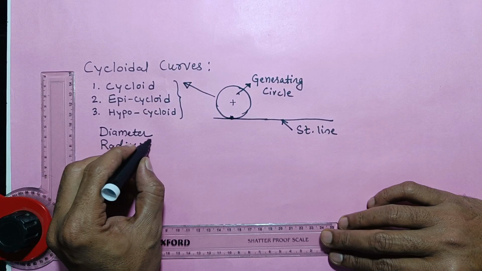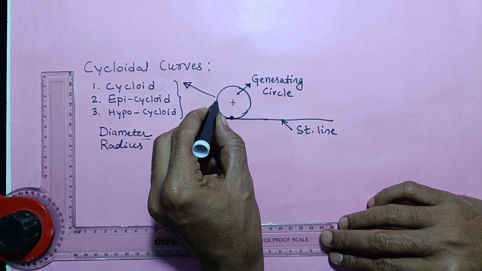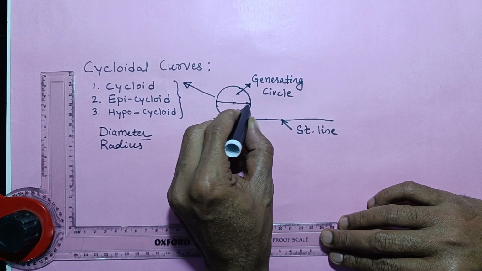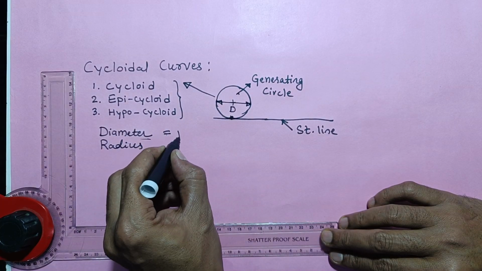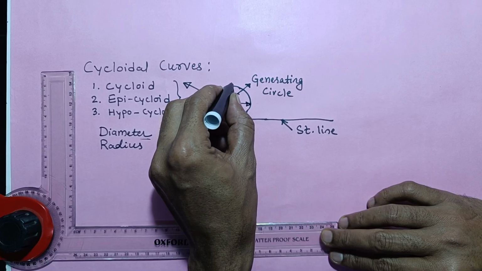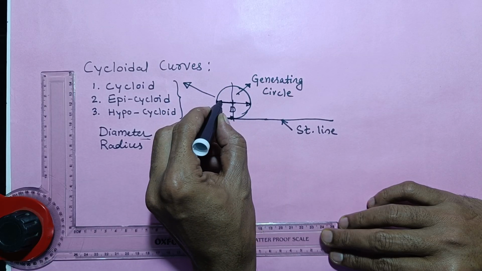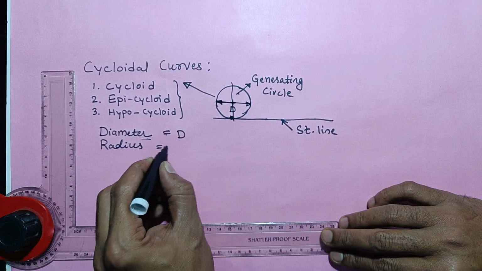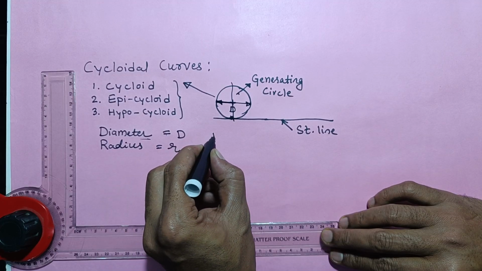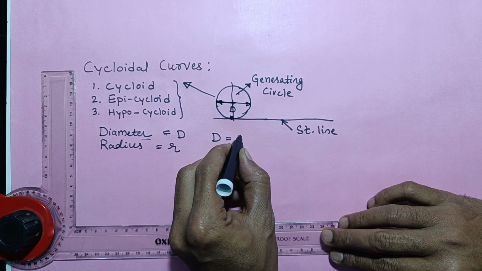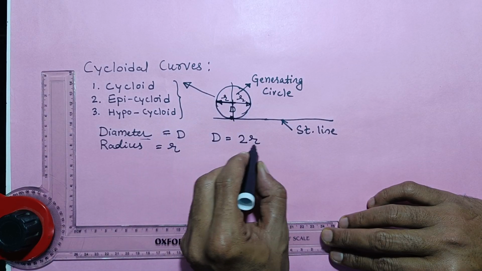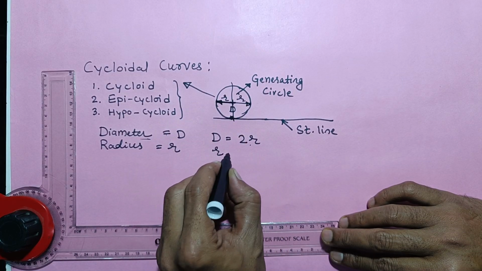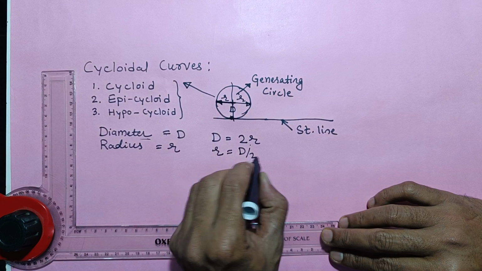Diameter is nothing but from this end to this end, that we call the diameter, d. Radius is half of this. So d is equal to 2r, r plus r, where radius is equal to half of the diameter.